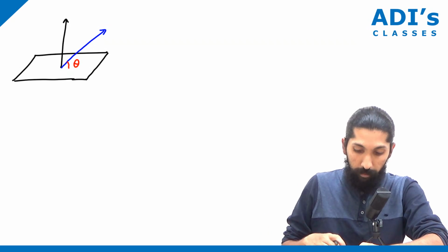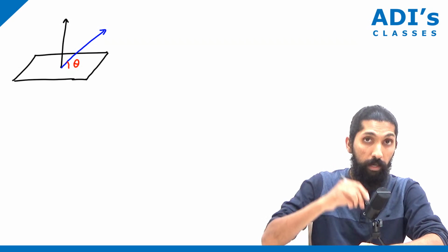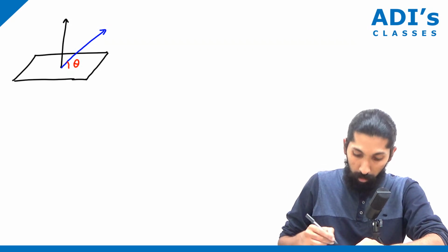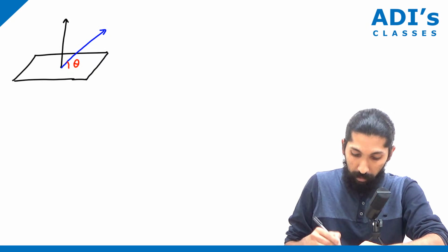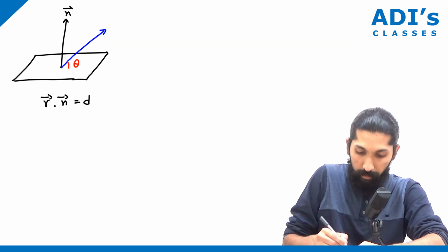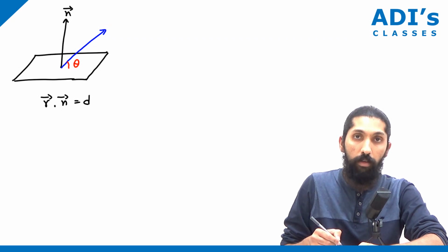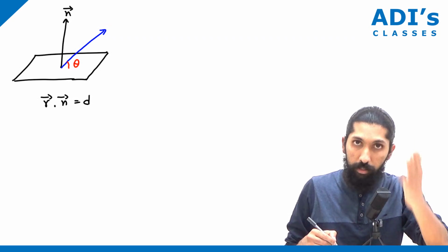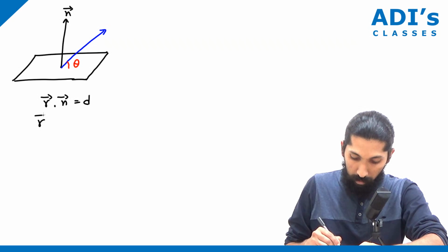Now, first thing we know, the angle between the line and the normal we can calculate. That's very easy. Now, the plane can be written as r dot n is equal to d, because this is vector n. Instead of that you can write n cap, because of the direction. So we can write r dot n cap is equal to d.